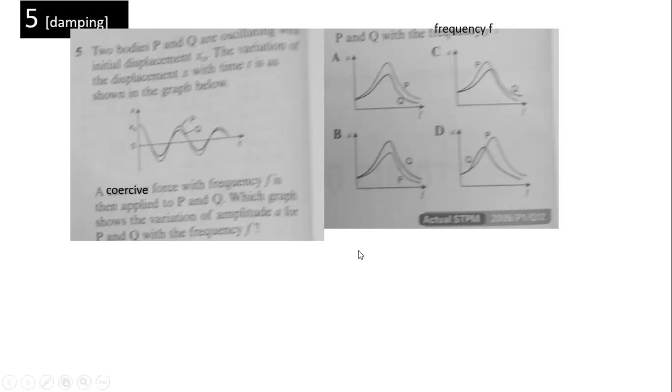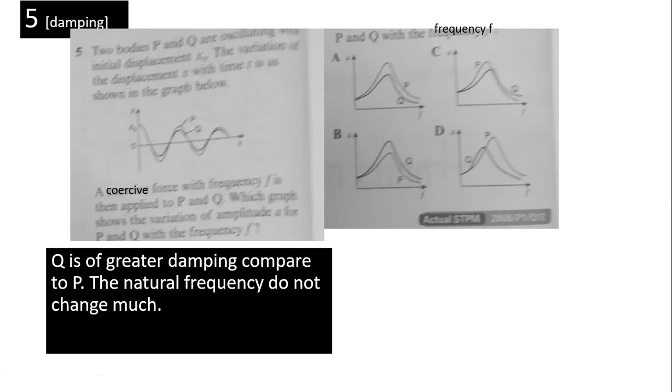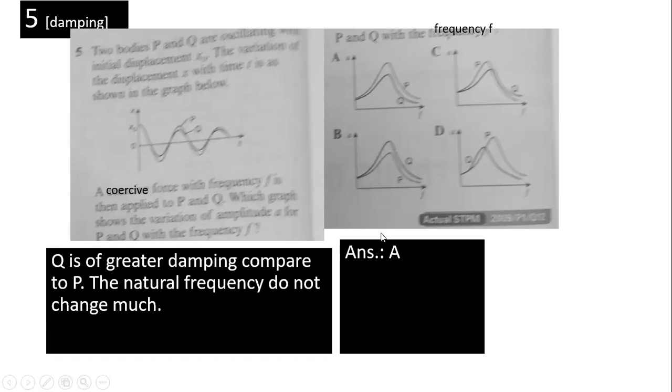Okay, let's go over that. Q, you should be able to read from the graph. Q is of greater damping compared to P, right? Amplitude smaller compared to that amplitude. So it means greater damping. Natural frequency does not change or changes slightly to lower frequency. Right? So Q is greater damping, correct? P is light damping.